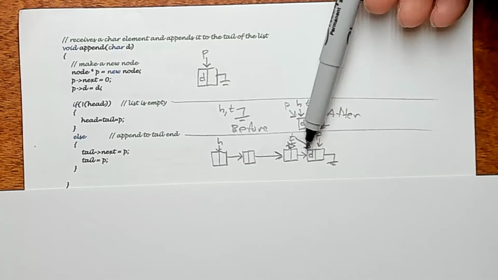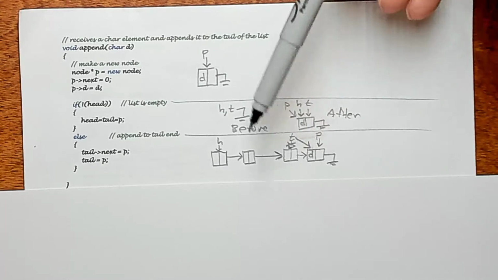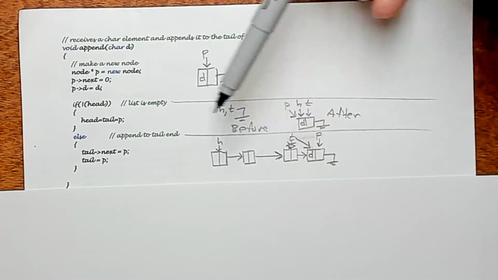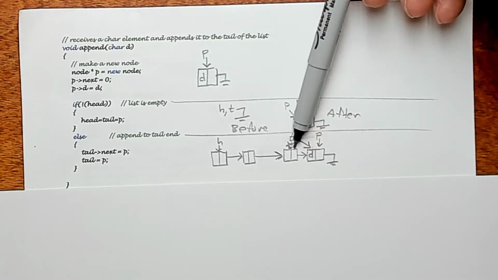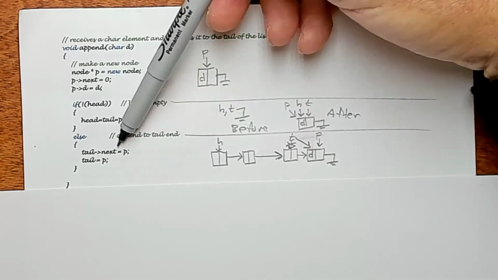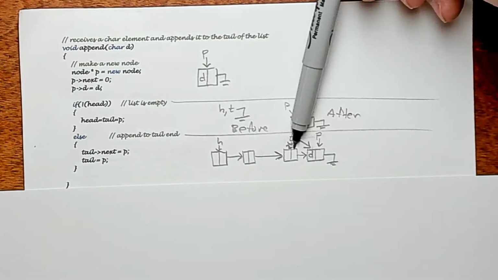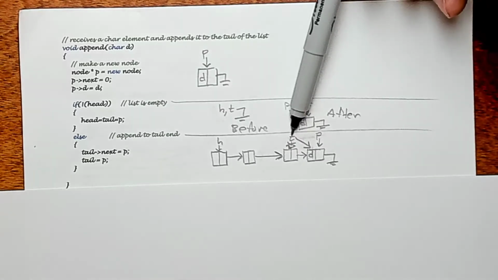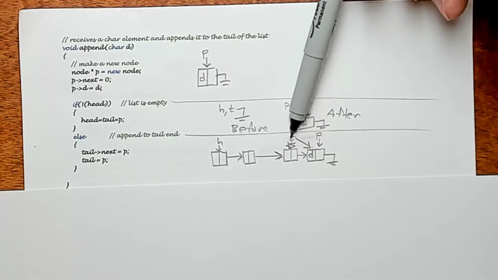Now, there's only 2 lines of code to do that. You have to make sure you do them in the correct order, because right now before you do these 2 operations, the tail pointer points to this last node, and that gives you access to this next field. So you have to update that first. Otherwise, you drop this thing, essentially. Because T is like your leash. You could think of this node here as like a dog on a leash.